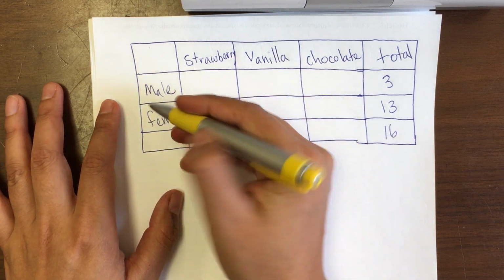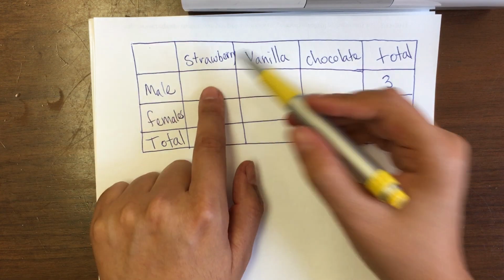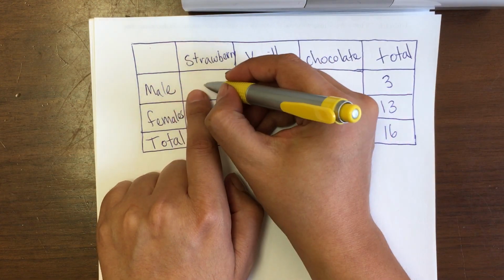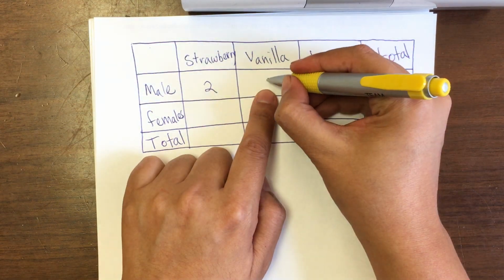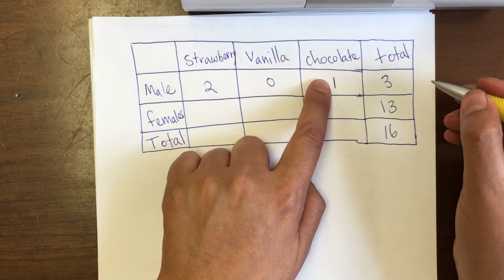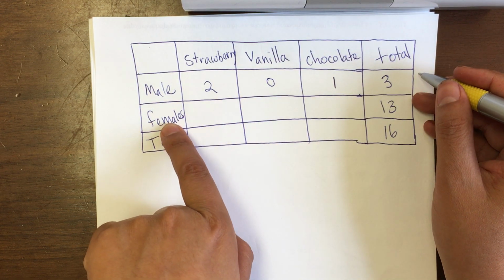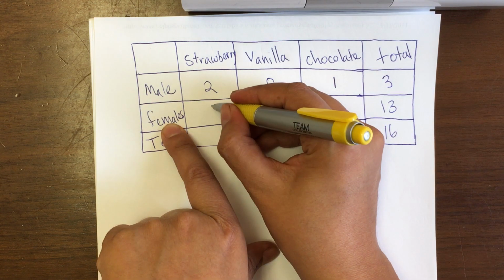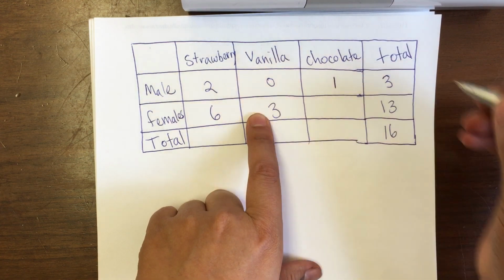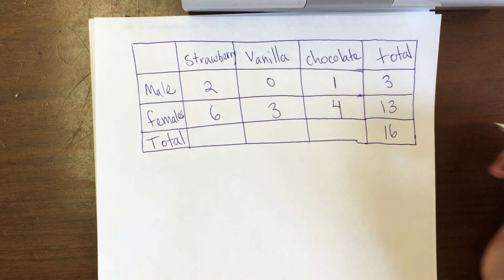At the same time, well, I need to show you. When I asked, out of my 3 males, 2 like strawberry, none of the 3 liked vanilla, and 1 of them liked chocolate. Okay? Of my females, 6 liked strawberry, 3 like vanilla, and 4 of them like chocolate.